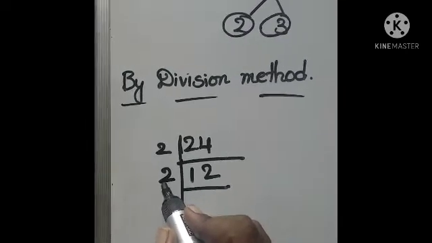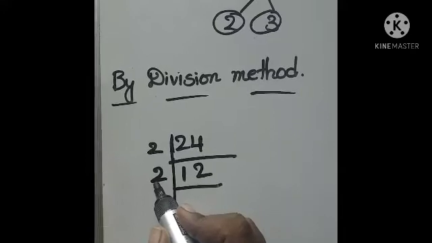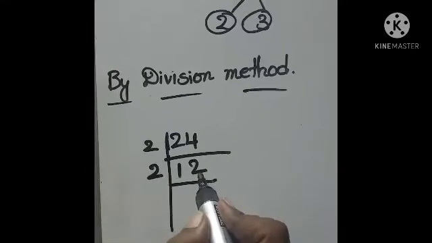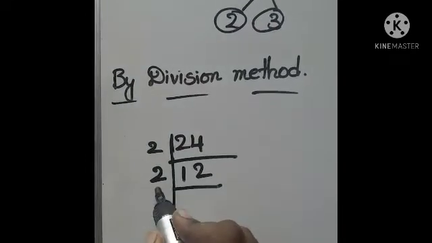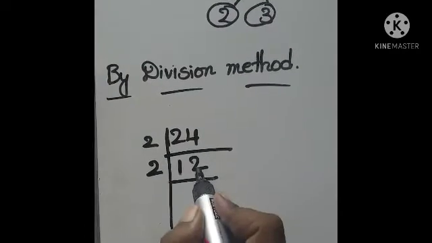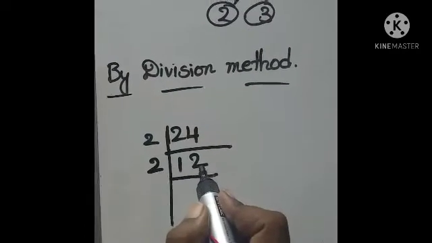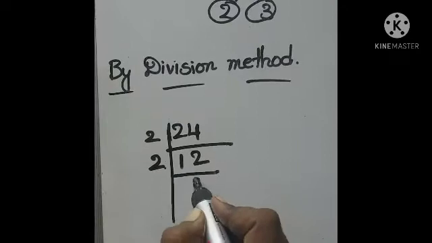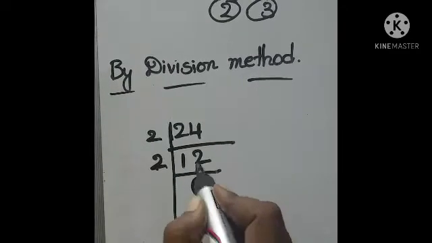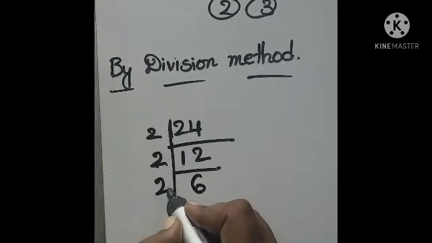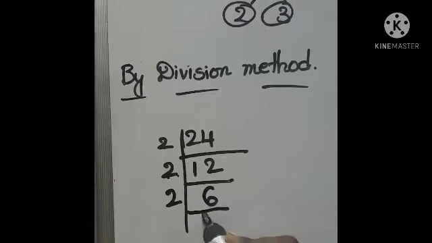as per the divisibility rule of 2, a number having an even number in the 1's place is exactly divisible by 2. Here also in the 1's digit is 2. So 2 6s are 12. Again we have to take 2. 2 3s are 6.